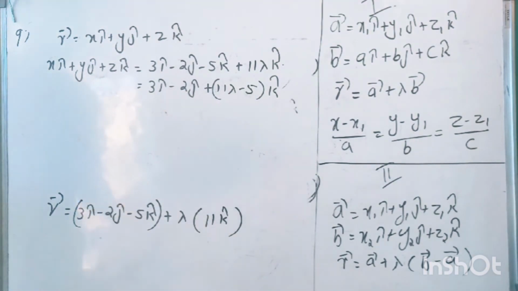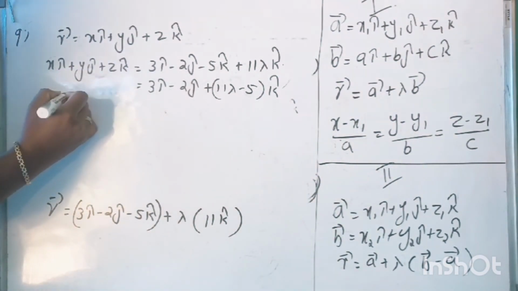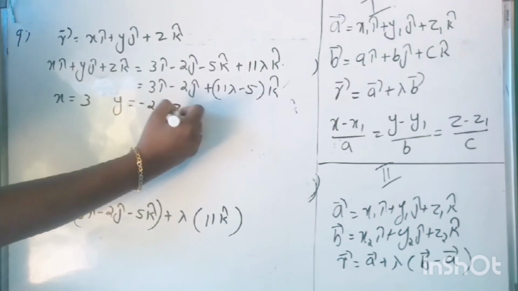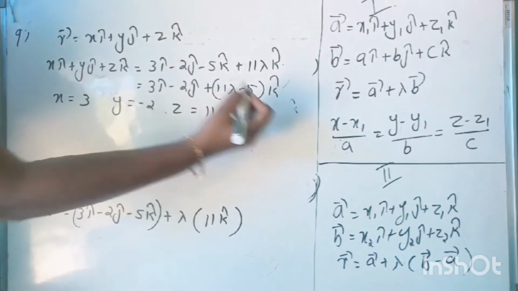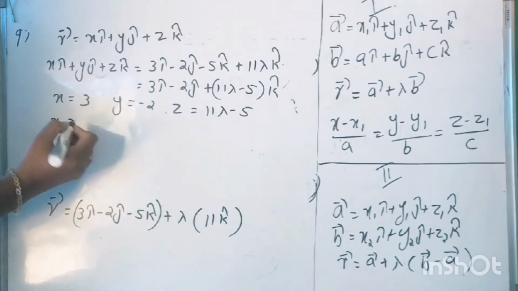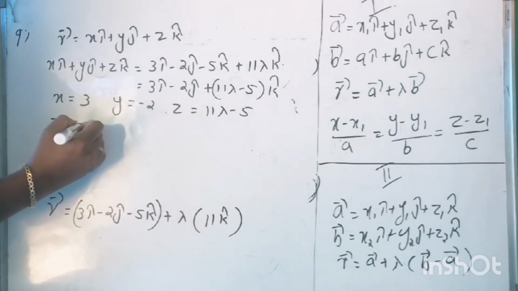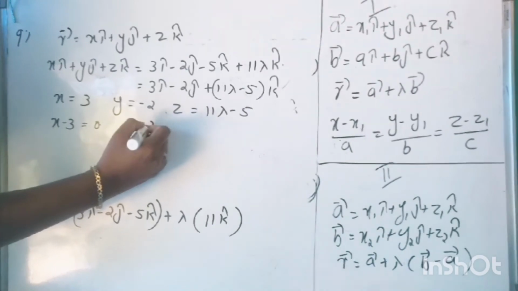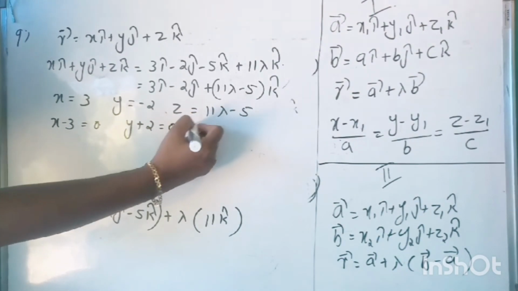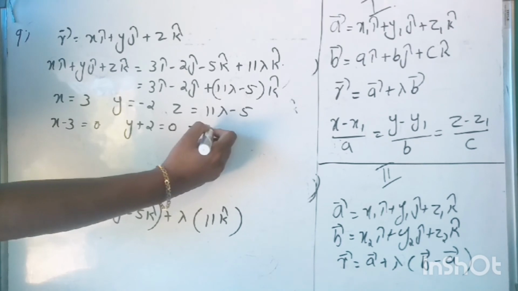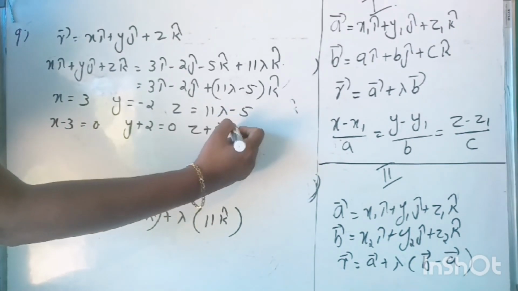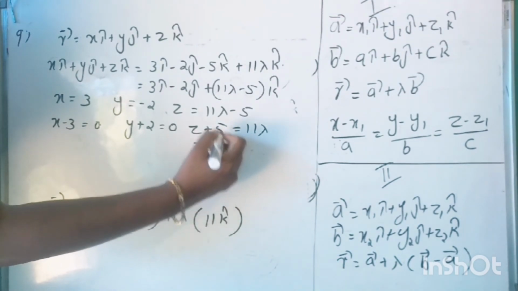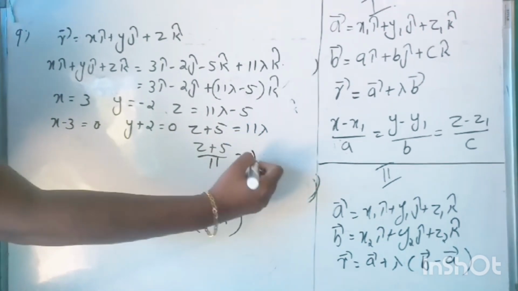Now just compare the coefficients. Then we will get x is equal to 3, y is equal to minus 2, and z is equal to 11 lambda minus 5. That is x minus 3 is equal to 0, y plus 2 is equal to 0, and z plus 5 is equal to 11 lambda, that is z plus 5 divided by 11 is equal to lambda.